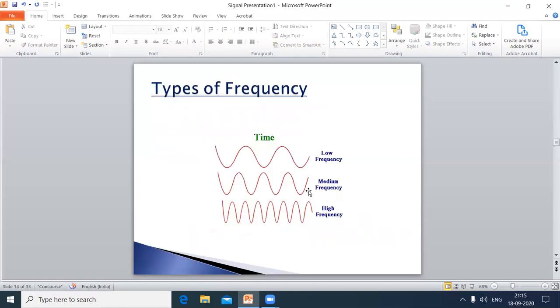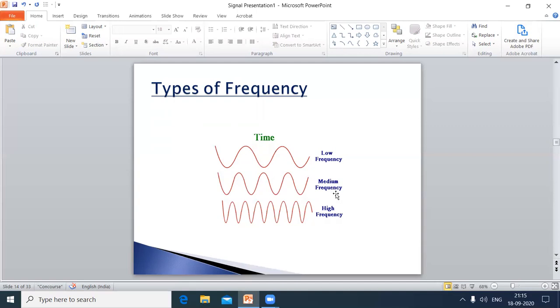Okay, types of frequency in 0 to 1 second. Low frequency means in 1 second the signal passes only two curves, 1 and 2. That is low frequency. Second one, medium frequency.